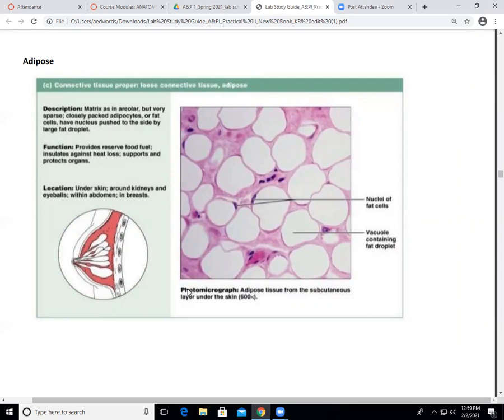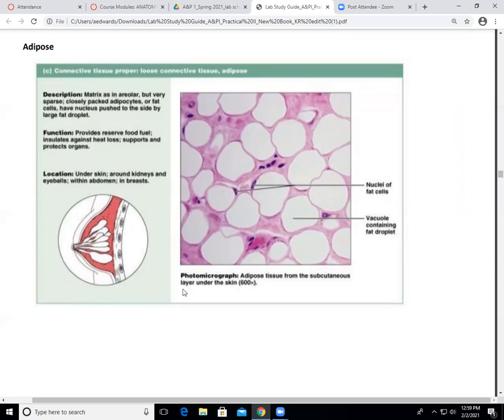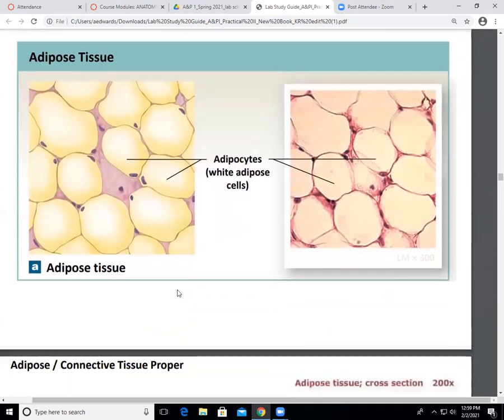All those little white circles, those are adipocytes. Okay, so this is adipose tissue. Just remember, cells come together to make tissue. Now, they're very thin membranes, and these little dark spots are the nuclei. So the nuclei on the adipocytes are on the edge of the cell. They're not in the middle. But these are usually easier to find. If you see this, it's pretty easy to tell it's adipose tissue.